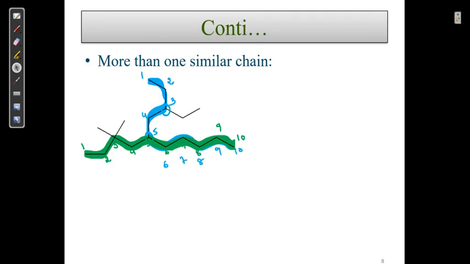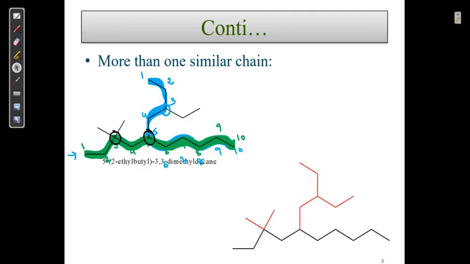But if we follow this green color, how many branches are we getting? We are getting 2 branches here and 1 branch here. So we are getting 3 branches. So normally we follow this green color. So this is known as what? 1, 2, 3. So this is the third position. So total is decane.